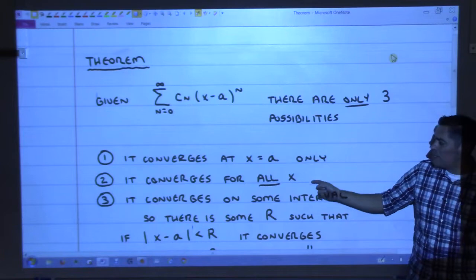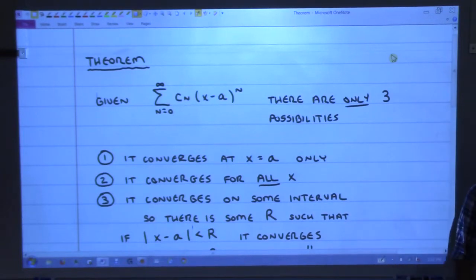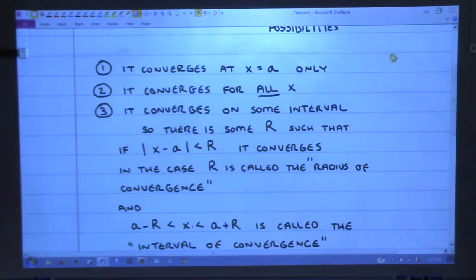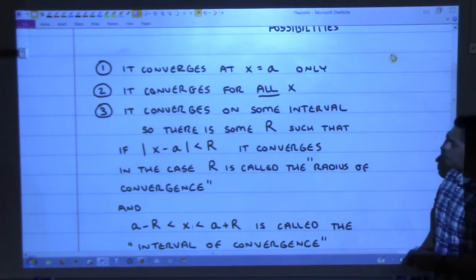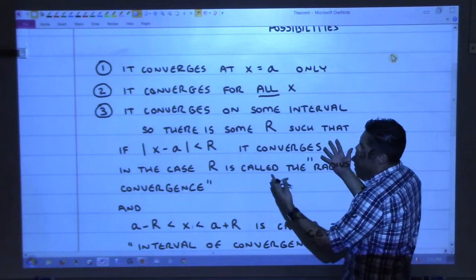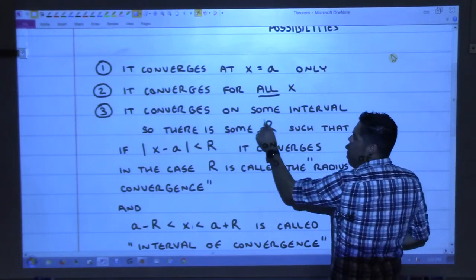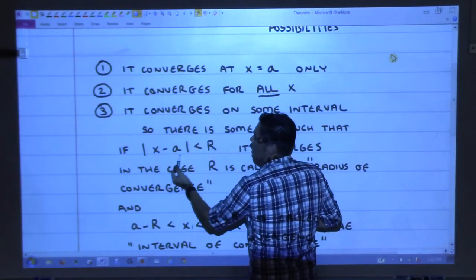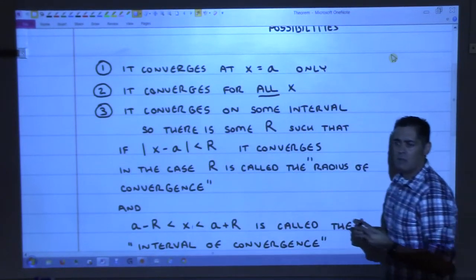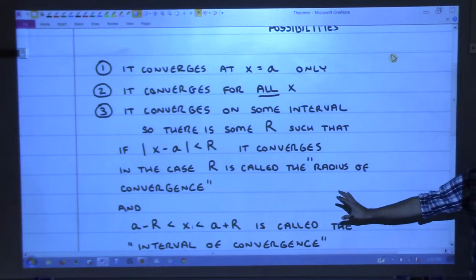And then the last possibility is that our power series converges on a single interval. And the way we say it is that there's some capital R, which is a number, where the absolute value of x minus a has to be less than that R. I'm going to work through an example so you'll understand this better.